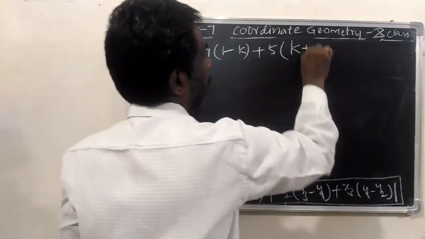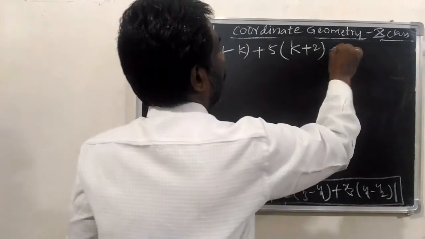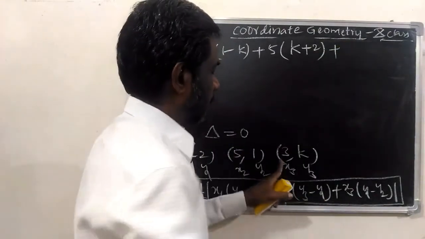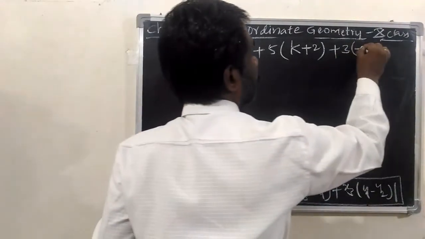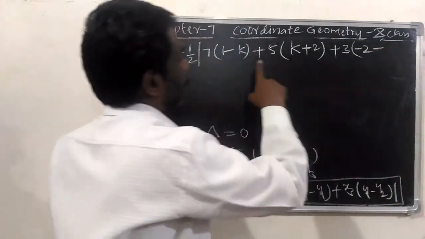Then minus into minus is plus 2, and plus x3, x3 is 3, into (y1, y1 is -2, minus y2, y2 is 1).